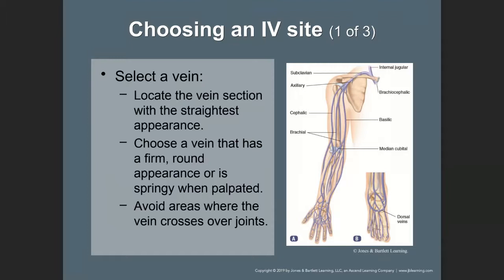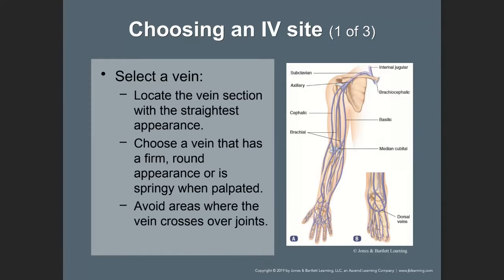Selecting a vein. Locate the vein section with the straightest appearance. So you want a vein that's straight, you want a vein that's springy, you don't want a vein that has too many valves, and it should be able to fit the desired catheter that you want to use for the patient. So choose a vein that has a firm round appearance or is springy when palpated.